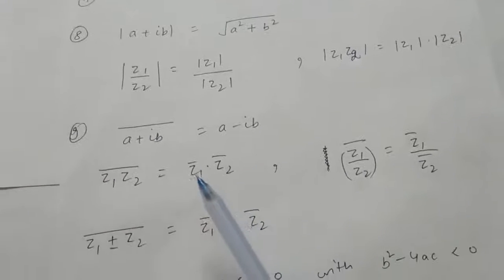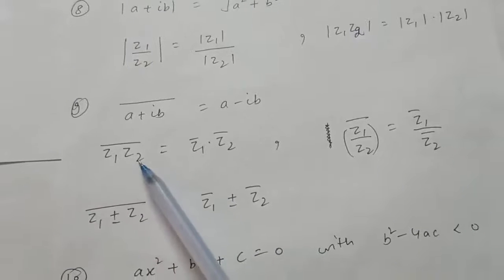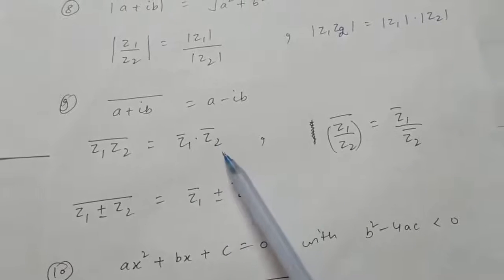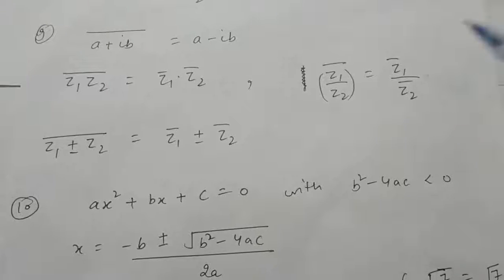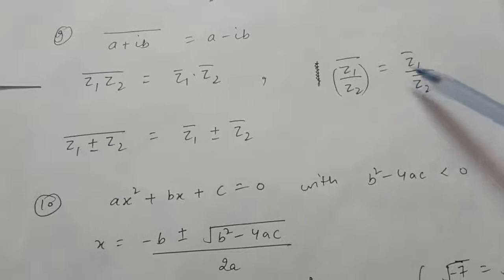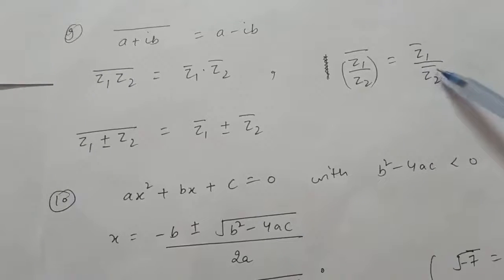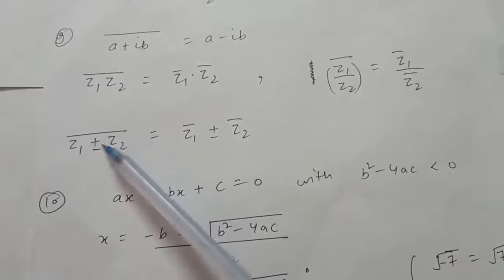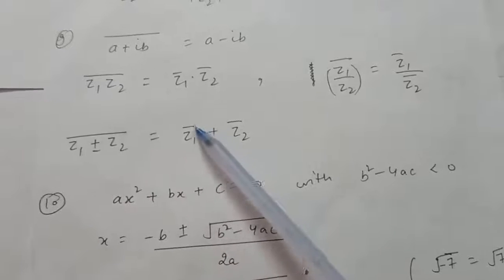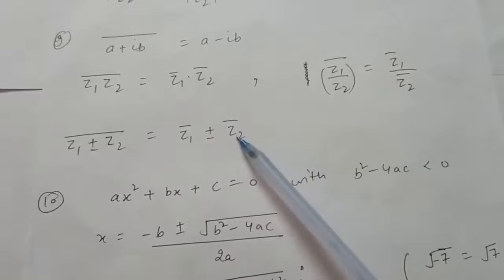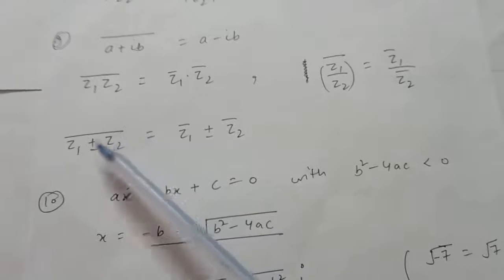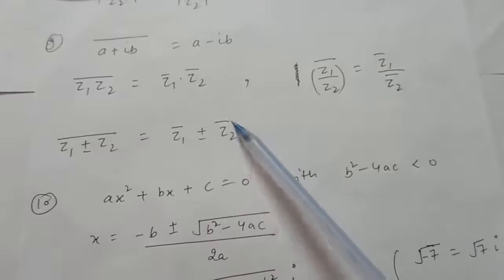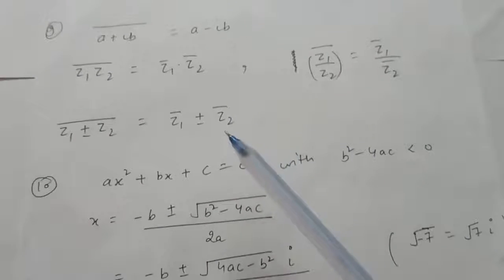Now the properties of conjugates are that the conjugate of z1 into z2 is equal to the conjugate of z1 into the conjugate of z2. The conjugate of z1 upon z2 is equal to the conjugate of z1 upon the conjugate of z2. Also, the conjugate of z1 plus z2 is equal to the conjugate of z1 plus the conjugate of z2, and the conjugate of z1 minus z2 is equal to the conjugate of z1 minus the conjugate of z2, right?